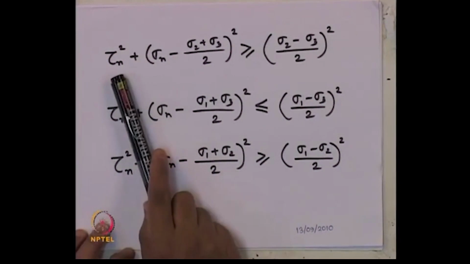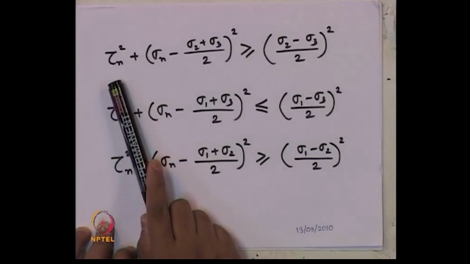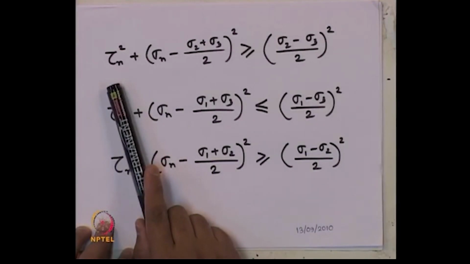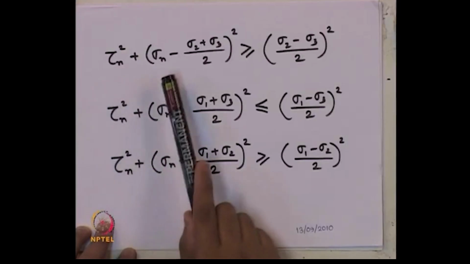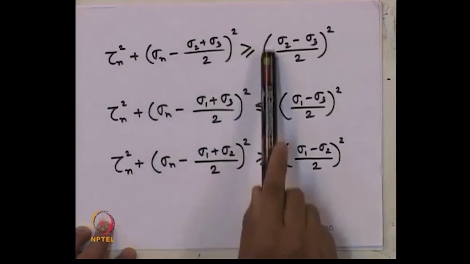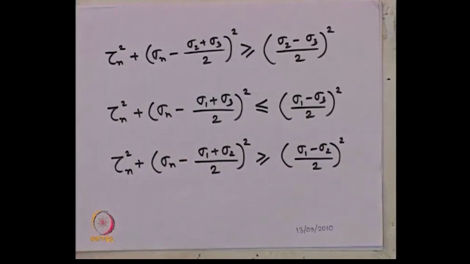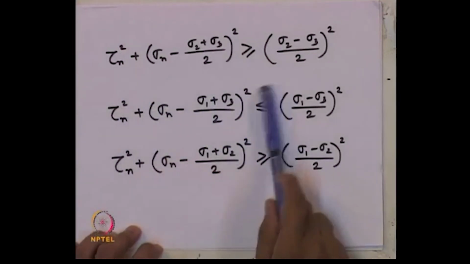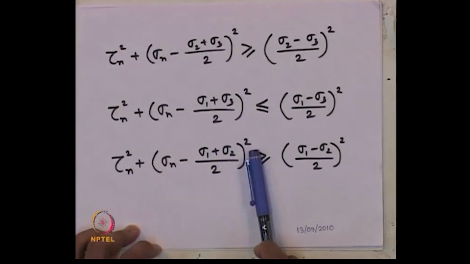where this tau n is nothing but the shear stress on that nth plane on which we want to find out the normal and shear stress. Sigma n is the normal stress on the nth plane, and other things we have already defined. So, from these expressions, if we want to represent it in graphical form, in the form of a circle, if we look at these equations very carefully, these are nothing but equations of a circle.